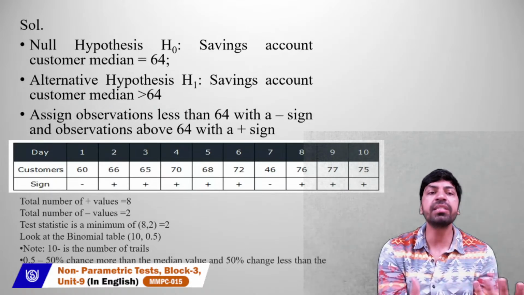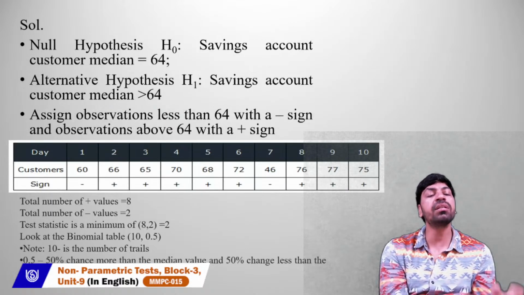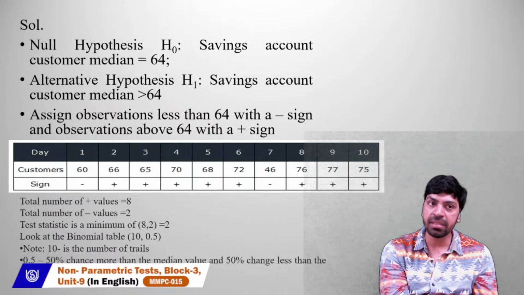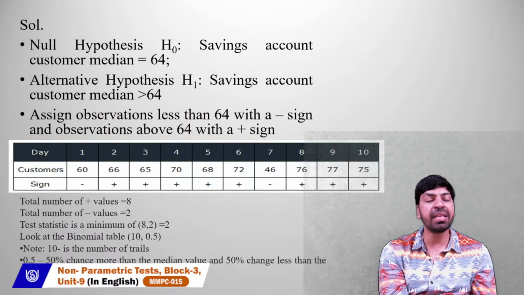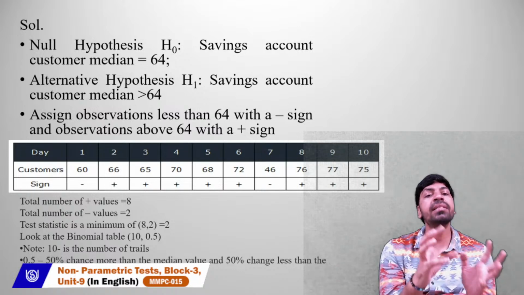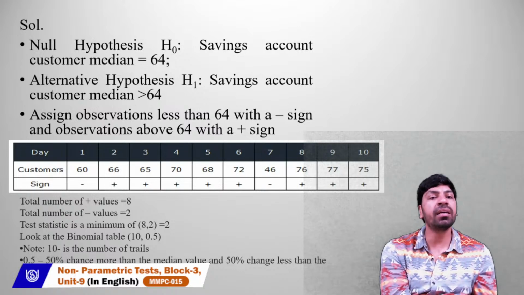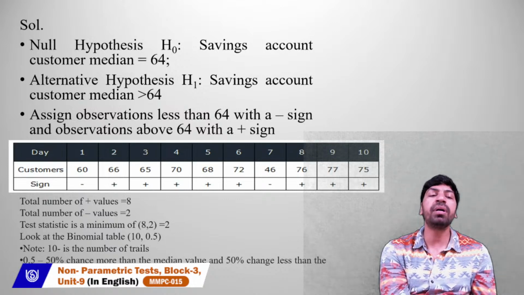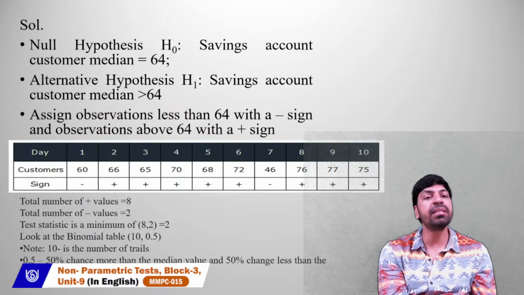The first step is to formulate the hypotheses. The clerk has claimed that the customers per day is more than 64.